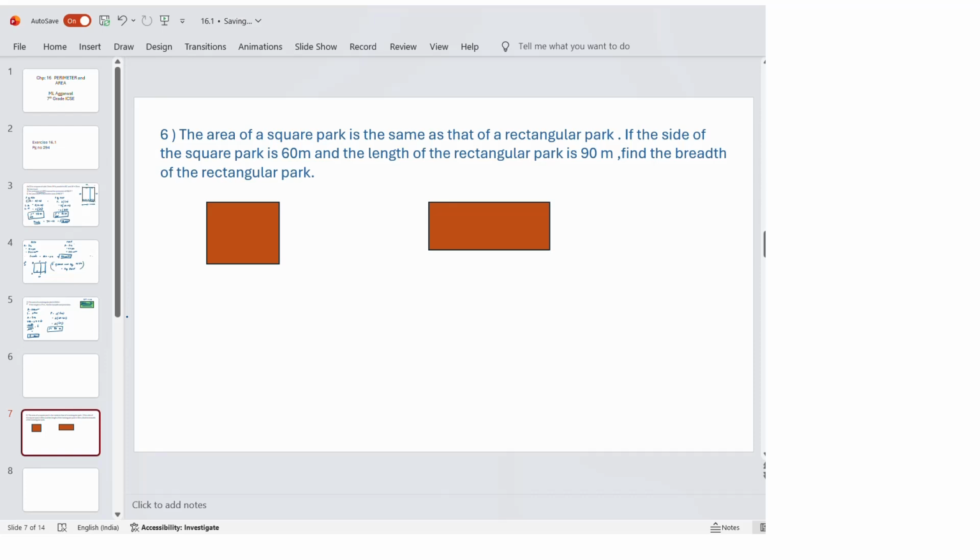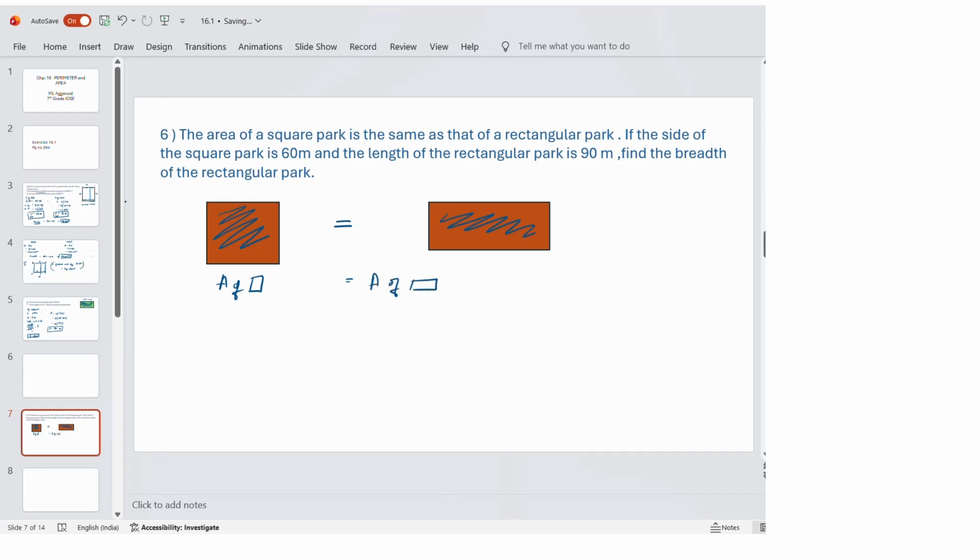So the area of the square park, and the area of the rectangular park, they are both equal is what they are saying. They did not give you the number, but they are telling you that they both are equal. So what we understand is the area of square is equals to area of rectangle.